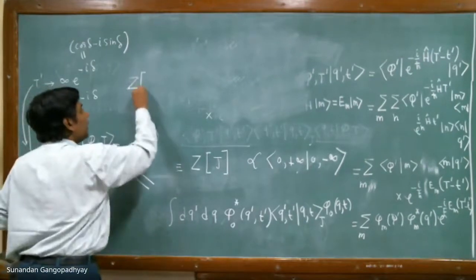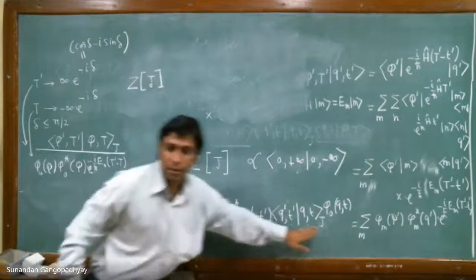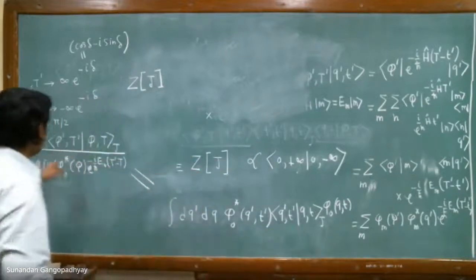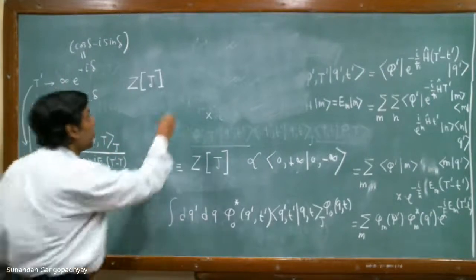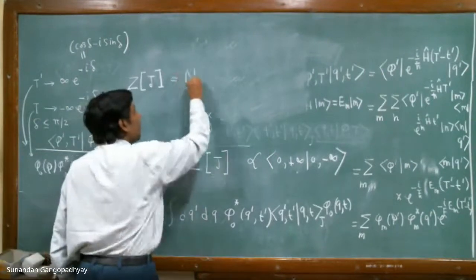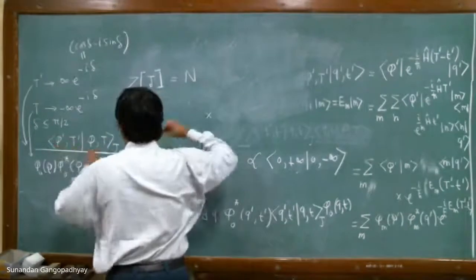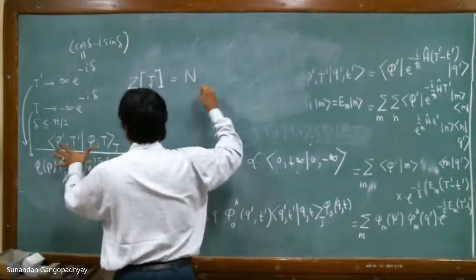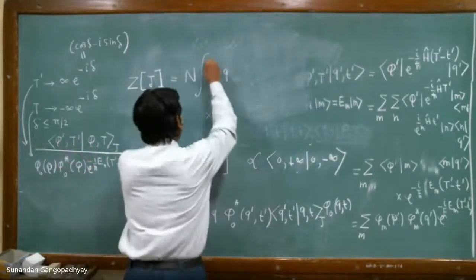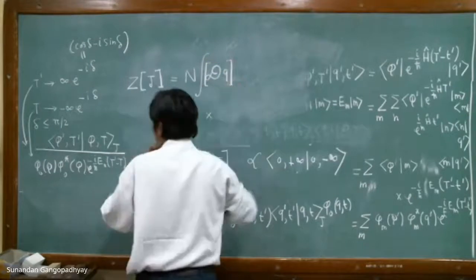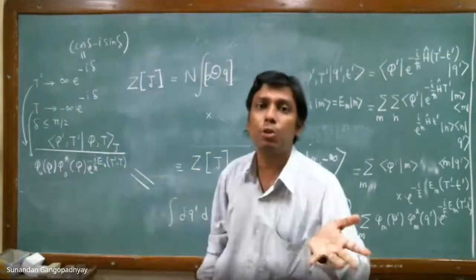What is this Z of j? This Z of j by definition is this object, and we have just now proved that this is equal to this thing apart from some numerical factor. So I put some constant N, and then I take this object. I know this is the object that we started with. This is basically dq. What are the limits? T and t prime are now from minus infinity to plus infinity.